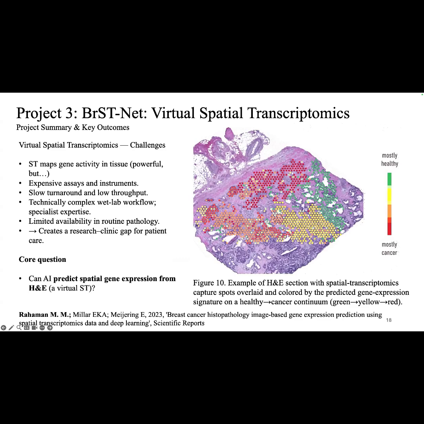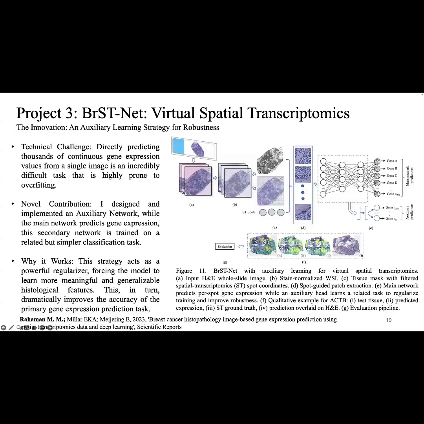Our goal is to predict the spatial gene expression directly from H&E slides to generate virtual spatial transcriptomics. So here in the image, you can see the colored spots show the predicted gene expression from healthy, which is green, and cancer, red. So this would make molecular profiling accessible to every patient.